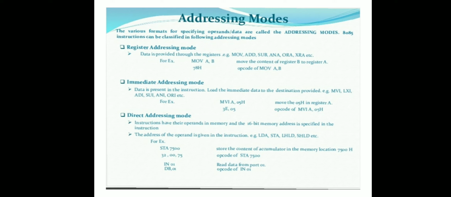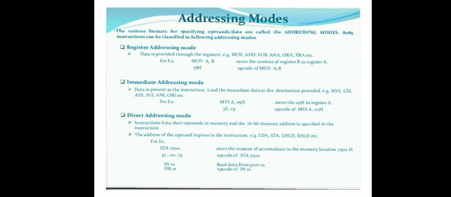Whatever data is present in register B is moved to the accumulator, meaning the data is not shown. It is stored in register B. That's why it is called register addressing mode, meaning data is specified by the register.